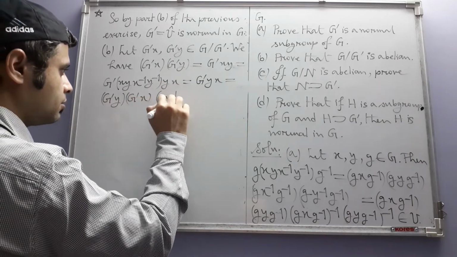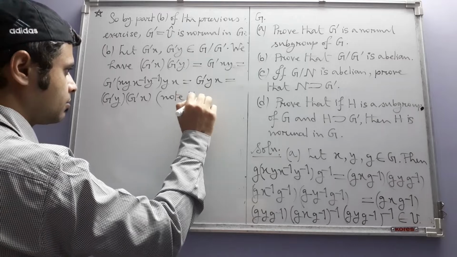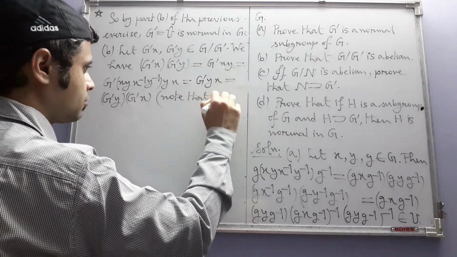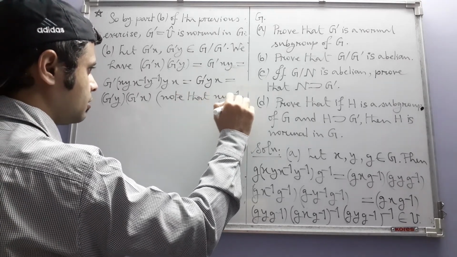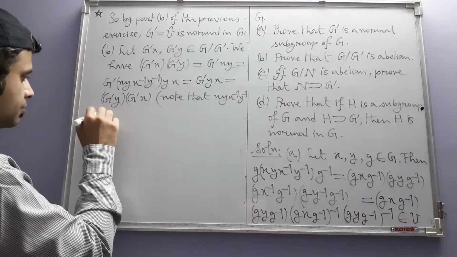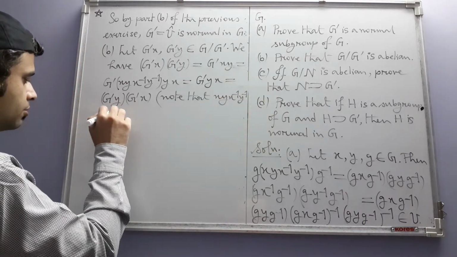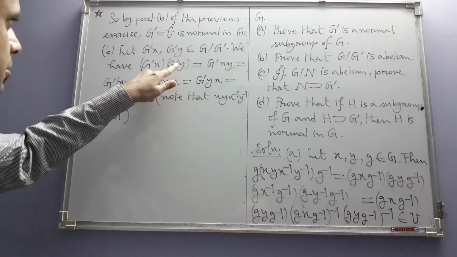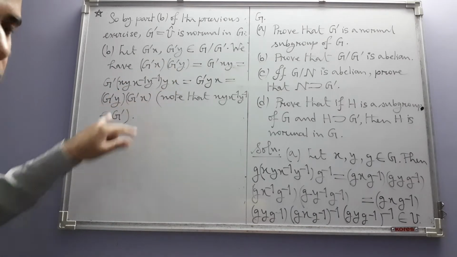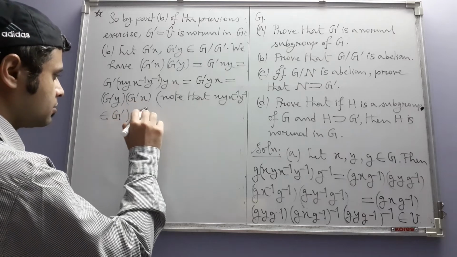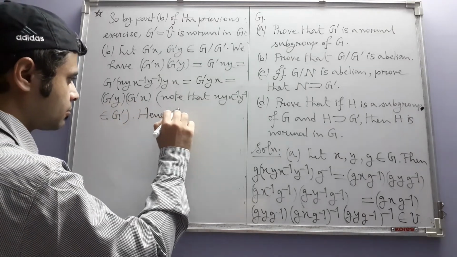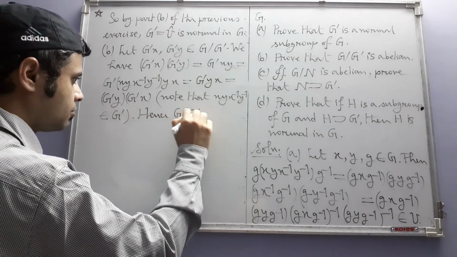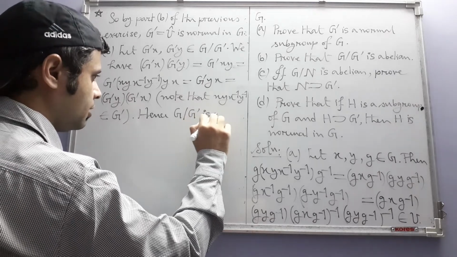In brackets we write, note that x y x inverse y inverse belongs to G prime. So these two elements commute, hence G by G prime is abelian.